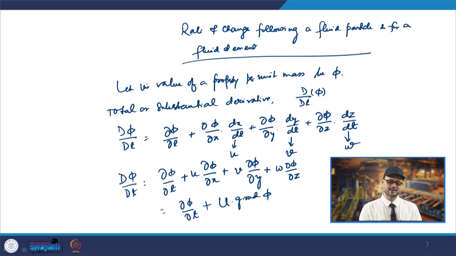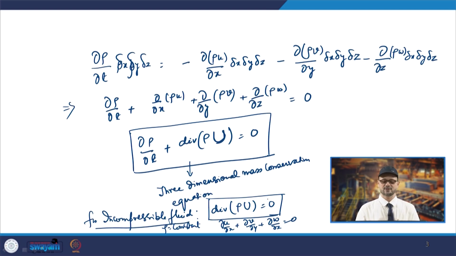So, this phi will be replaced by rho. So, it will be ∂ρ/∂t plus u times grad rho, and since rho will not be changing, accordingly you can see here that was div of ρu. So, that is what you can get from that particular equation itself.